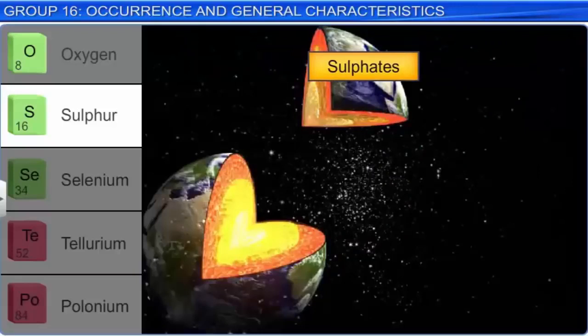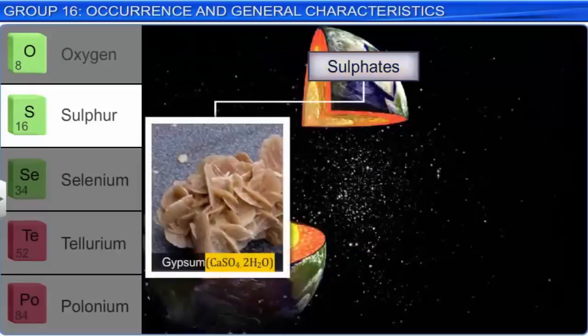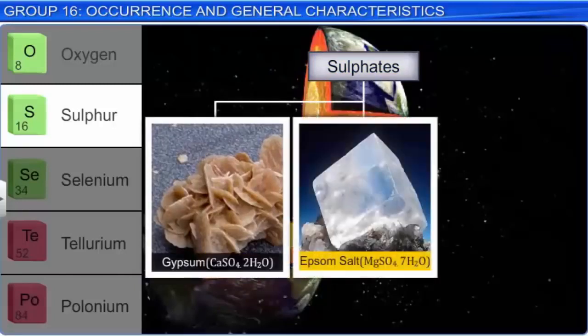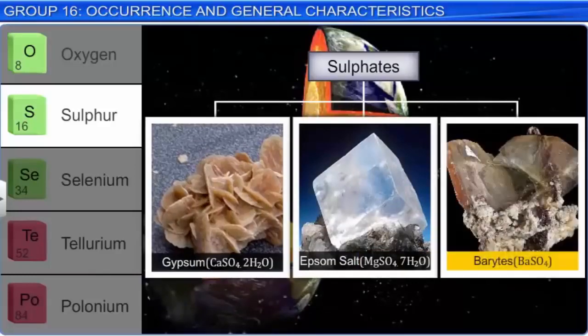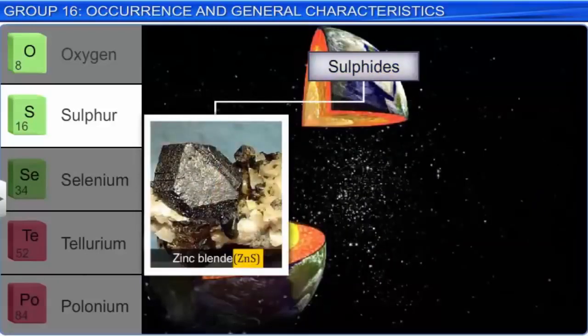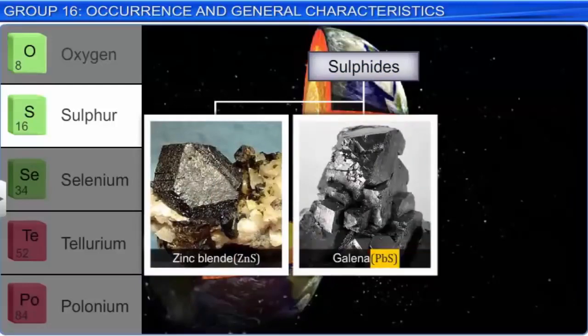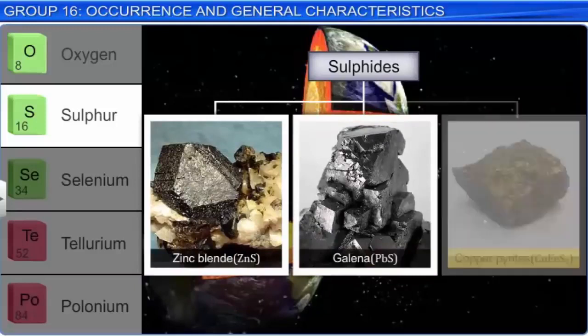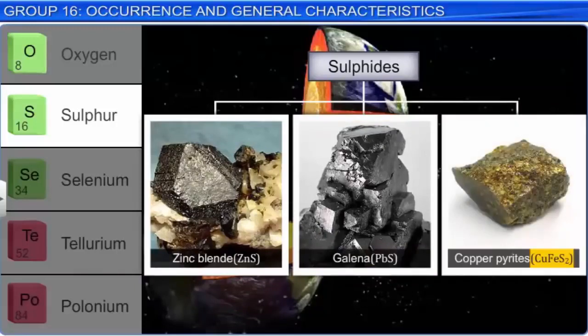Sulfates include gypsum, CaSO4·2H2O, Epsom salt, MgSO4·7H2O, and barite, BaSO4. Sulfides include zinc blende, ZnS, galena, PbS, and copper pyrites, CuFeS2.